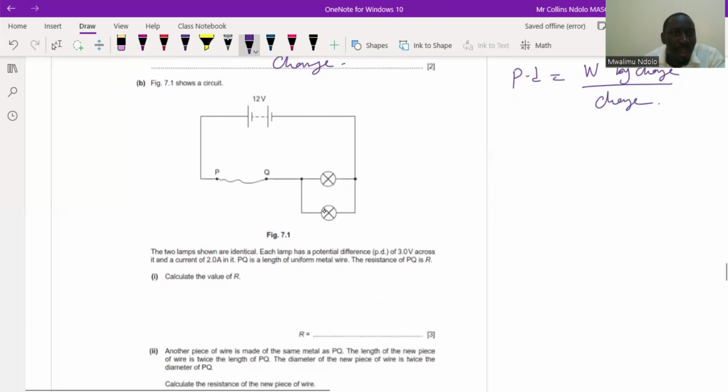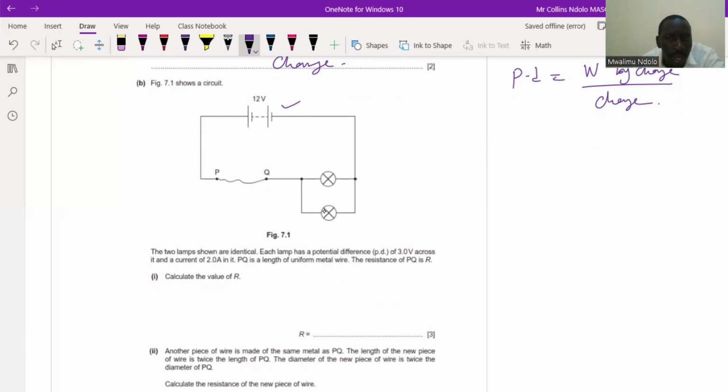Anyway, let's continue. So part B, figure 7.1 shows a circuit. So we have this, okay, 2 lamps shown are identical. Each lamp has a potential difference of 3.0 volts across it and a current of 2.0 amps in it. PQ is the length of wire.